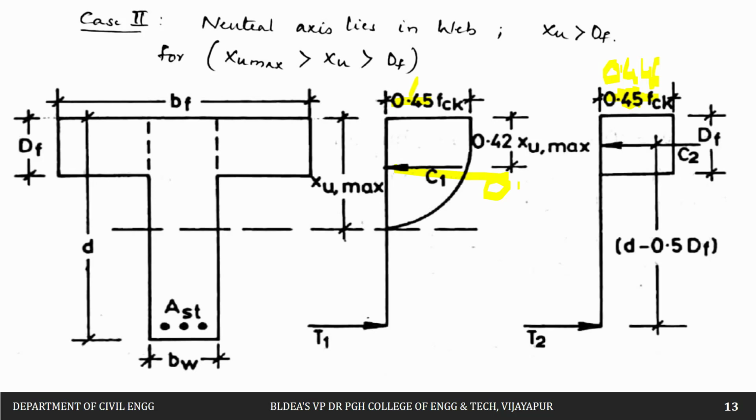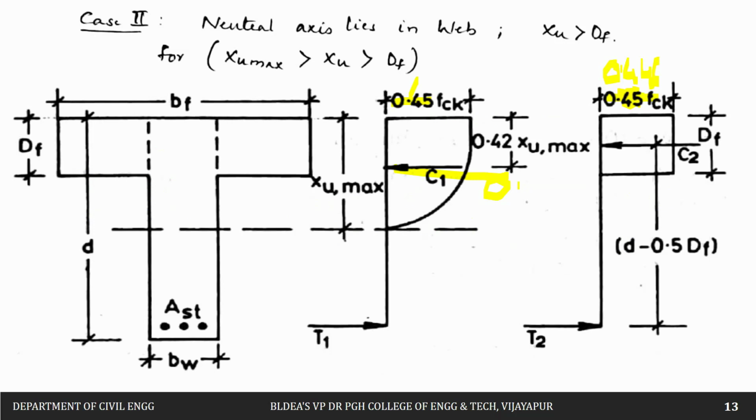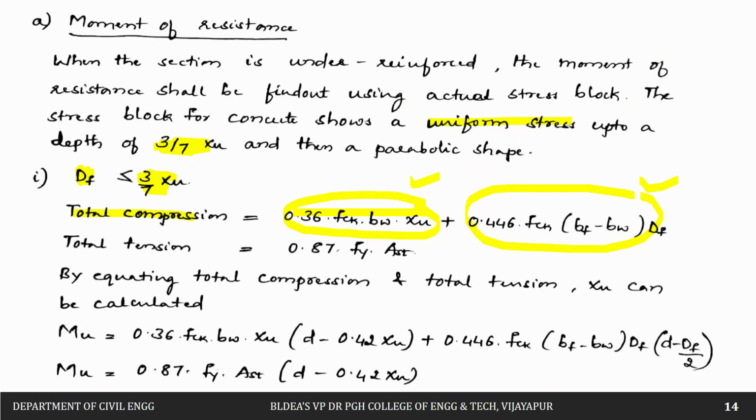Here also 0.446 fck. So that will be equal to the area of this, that is 0.446 fck into Df multiplied by the width perpendicular to the screen you are seeing, that is 0.446 fck into Df.